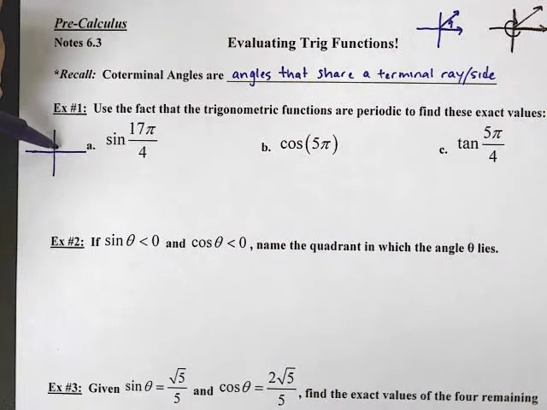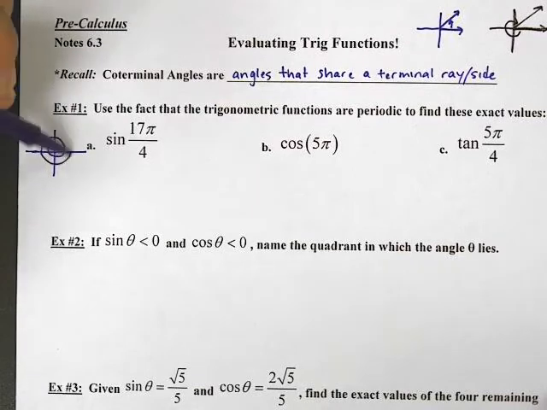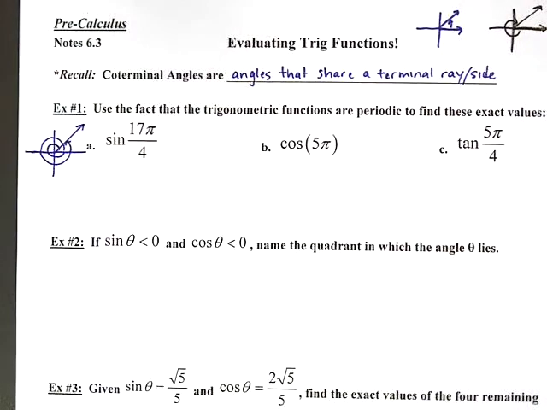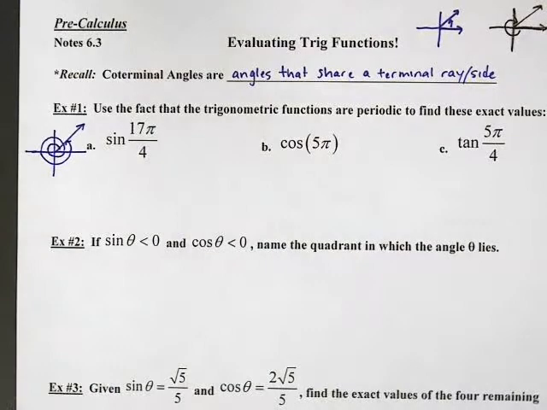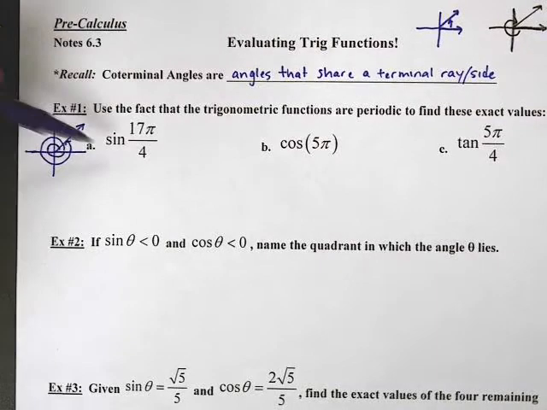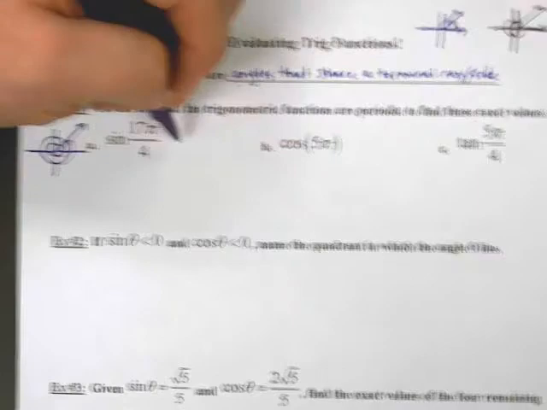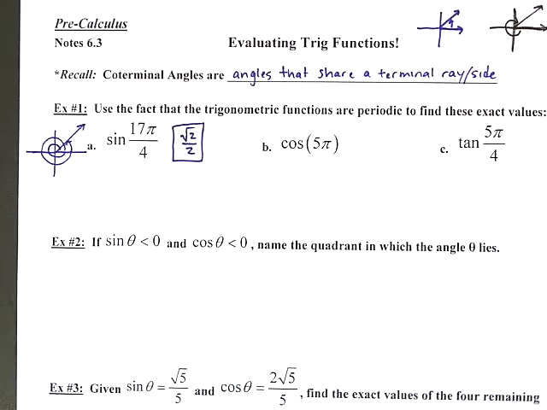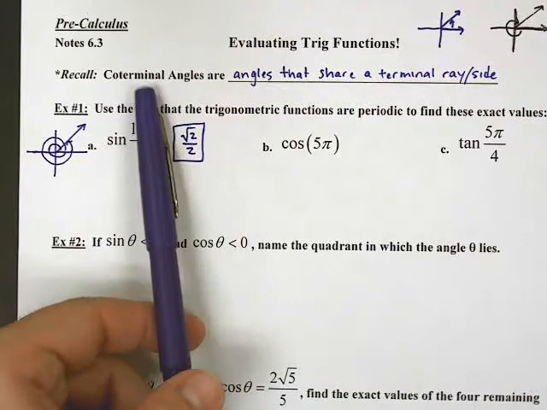So that means I can go 4 pi over 4, 8 pi over 4, 12 pi over 4, 16 pi over 4, and then just one more, 17 pi over 4, to understand where I am. Because now I know that 17 pi over 4 is coterminal with pi over 4. And pi over 4 we can work with. We know the sine of pi over 4 is root 2 over 2.